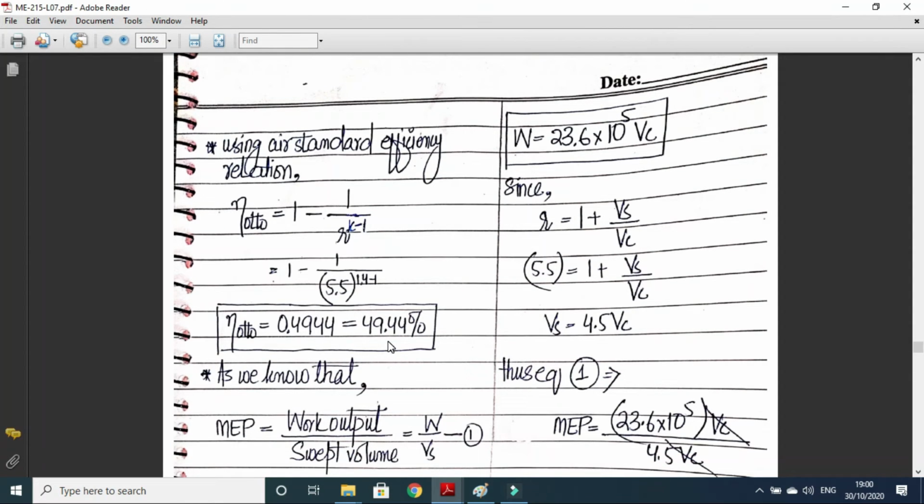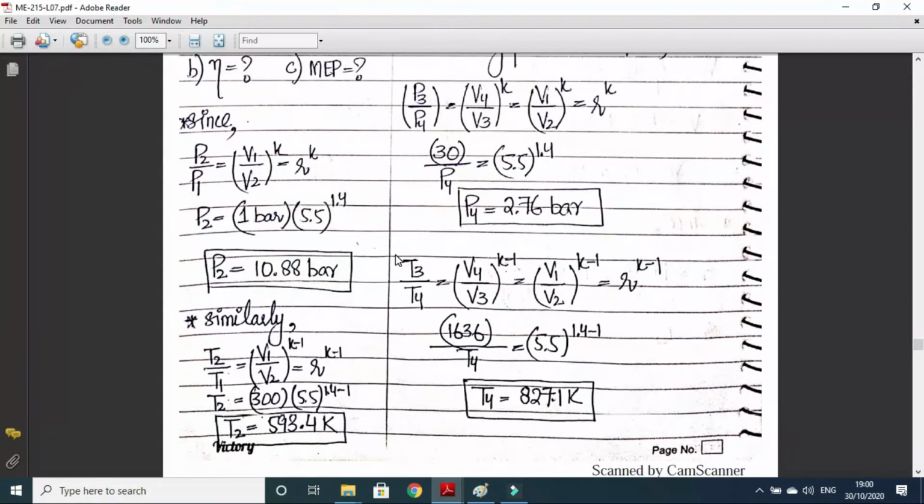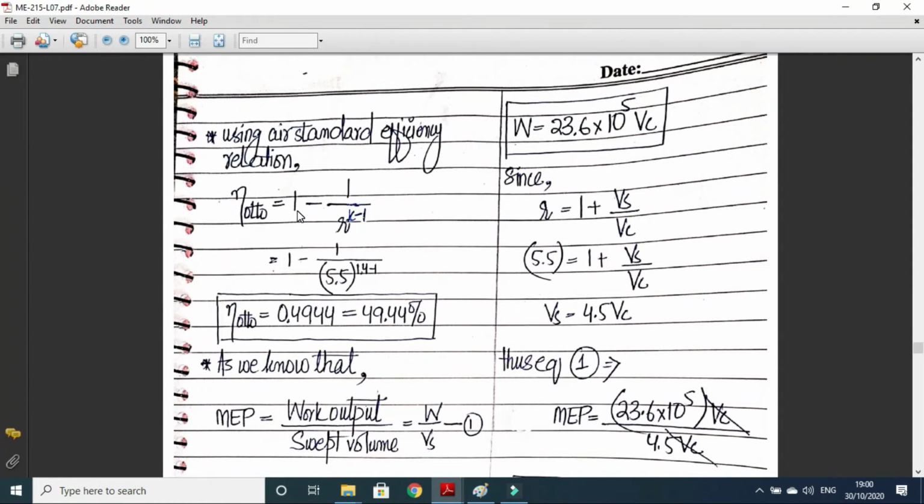I advise you to also calculate Q in and Q out and then calculate the net work output. You can use the formula 1 minus Q out upon Q in, and you will get the same answer.